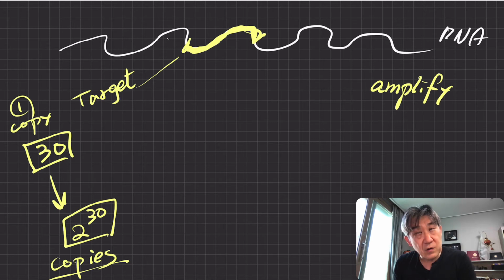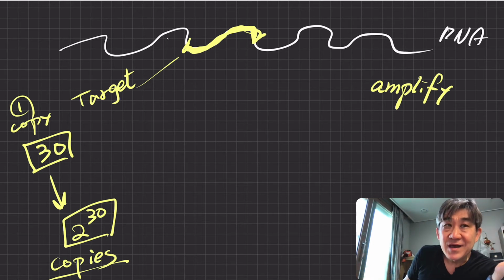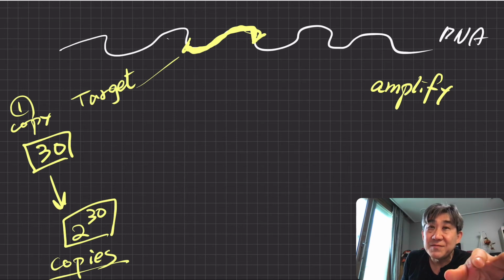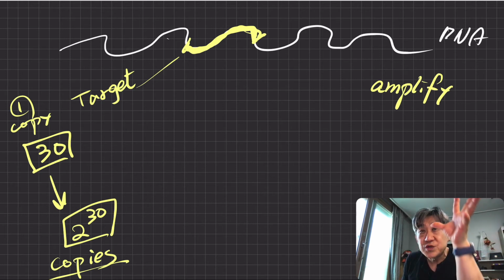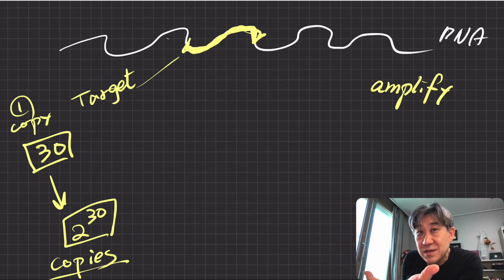And that's the power of this PCR technology. You can amplify in huge number, and that's how you can identify small traces of a sample at a crime scene. Using PCR technology, you can amplify in huge number, enough for the analysis.